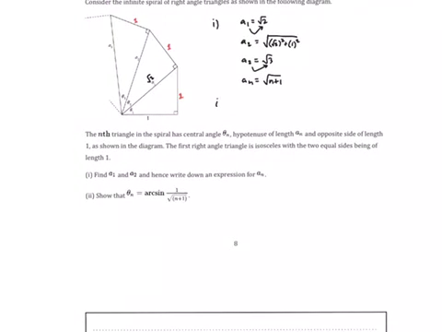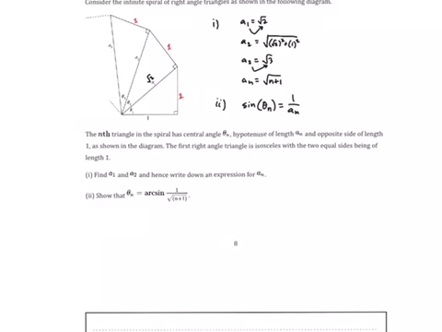Show that, part 2, theta sub n is arc sine of 1 over the square root of n plus 1. Okay, so let's set this up in general. So the sine of theta n is going to be the opposite side, which we always know as 1, over the hypotenuse, which is A sub n.